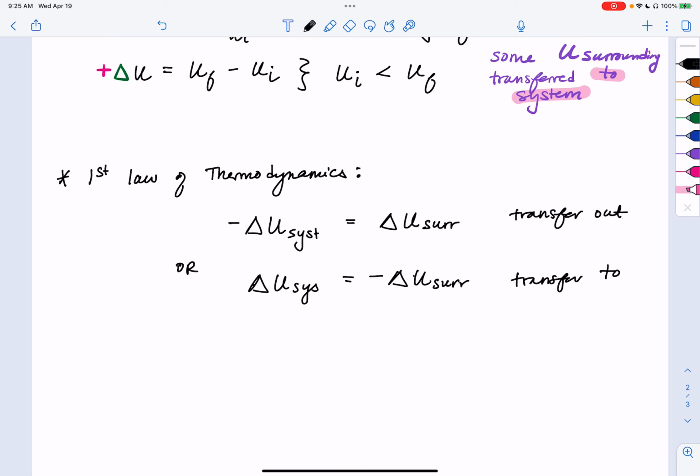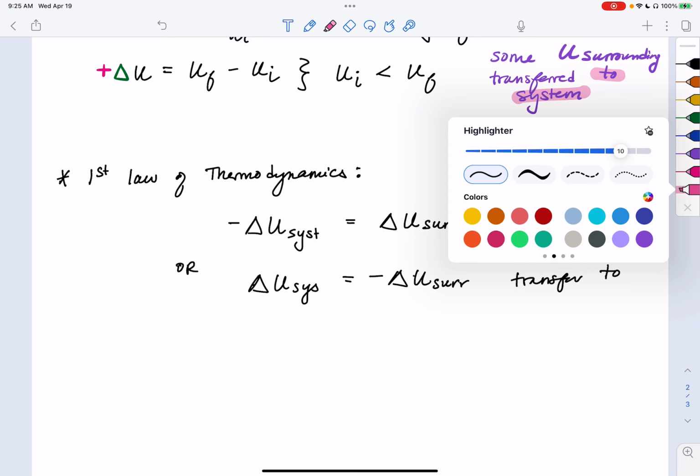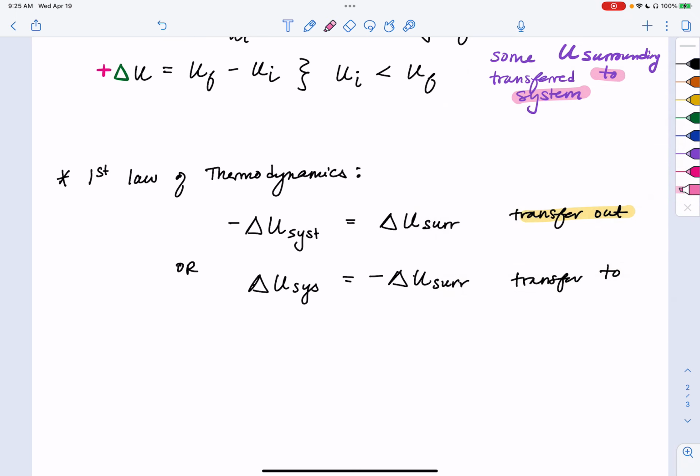Like that energy is just kind of being passed back and forth. It's not disappearing into nothingness. That's what the first law states. So here, transfer out of the system, and here, transfer to the system.